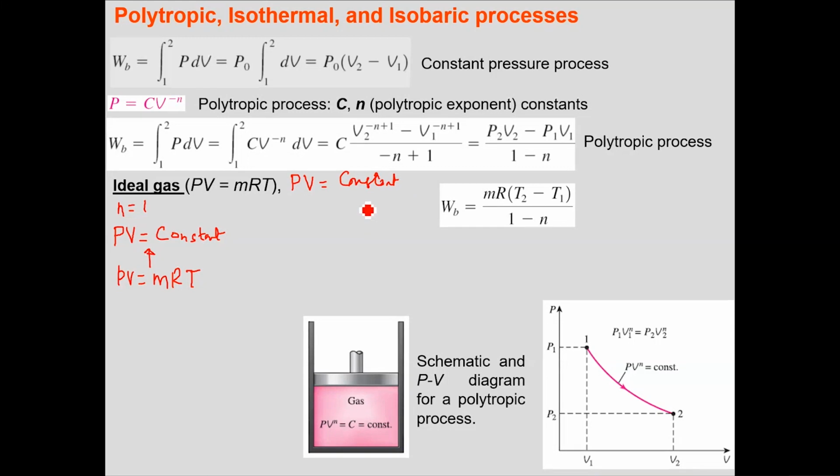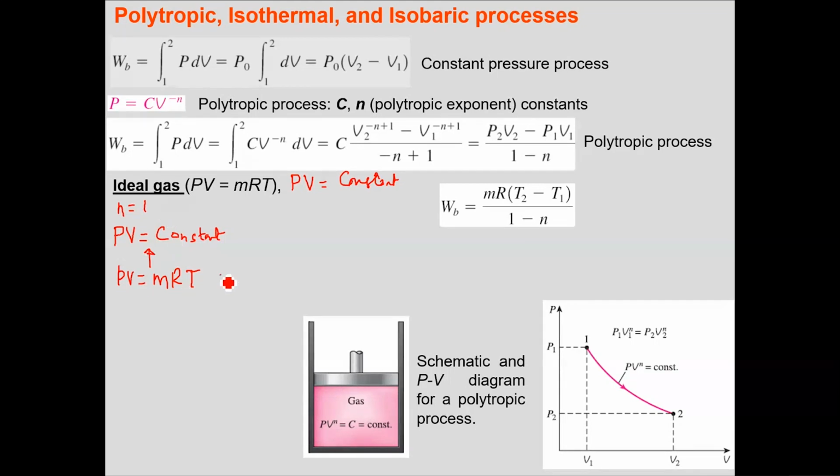Sir, m is constant, R is constant, when the temperature is constant. Very good. So when the ideal gas is going through the isothermal process, we can say that it is equivalent to the PV equals constant polytropic process.